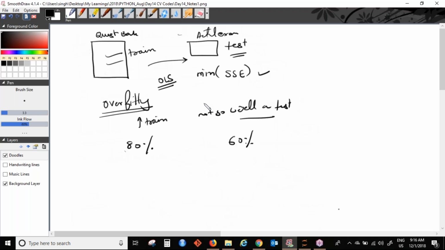This happens in real life also, right? Sometimes we memorize answers to certain questions, and whenever we get a question in the exam which is slightly different, we are unable to solve it because we memorized it and did not understand the concept. The same thing is what is called overfitting.